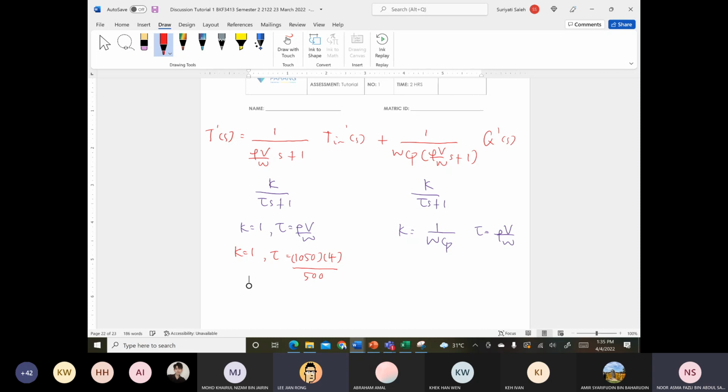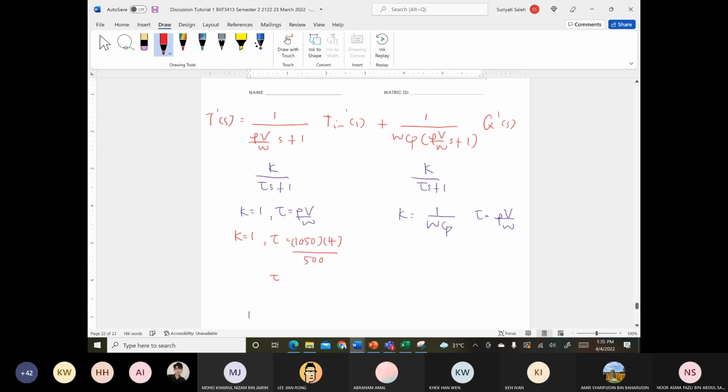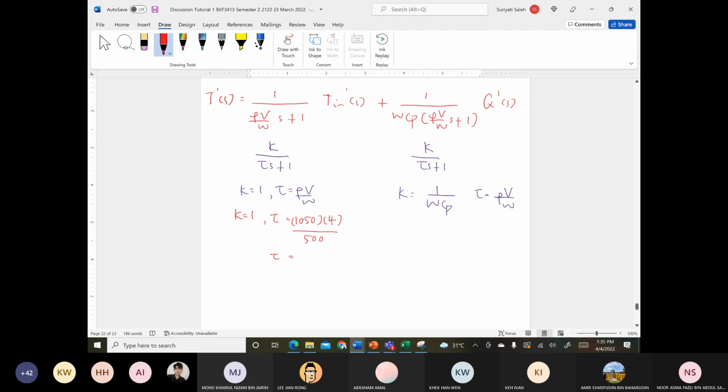Alright, so determine the value of the tau. 8.4.